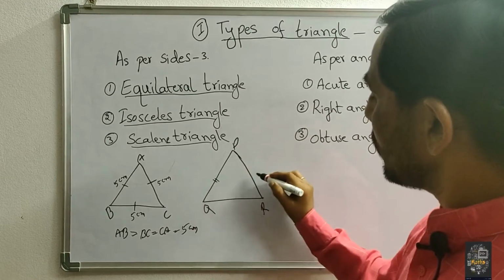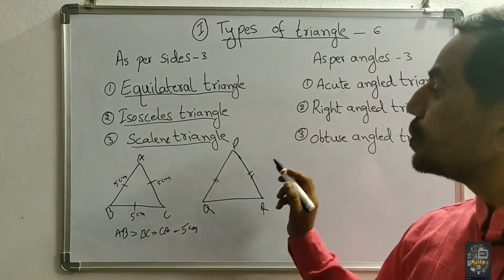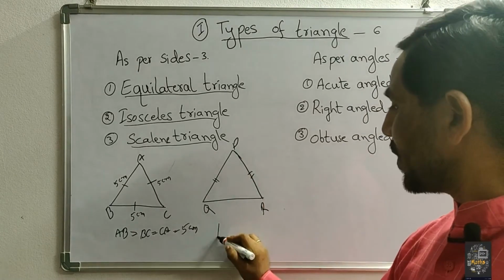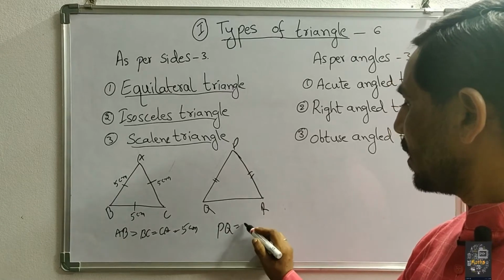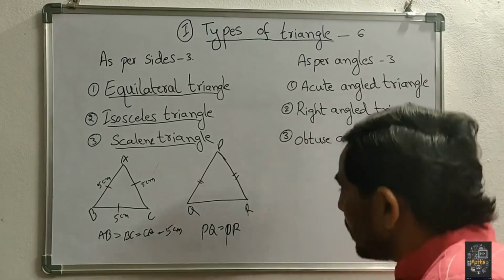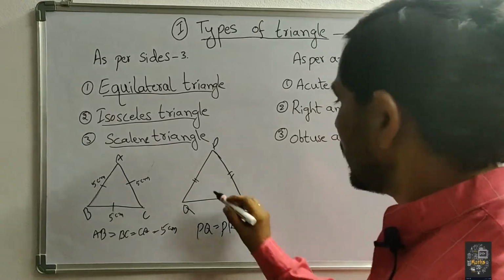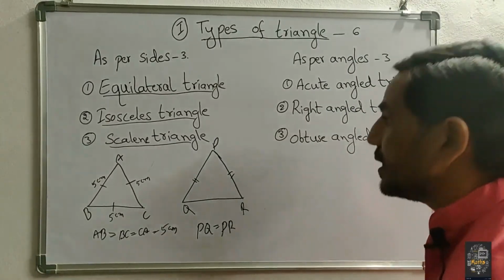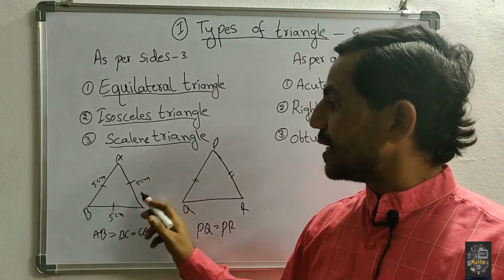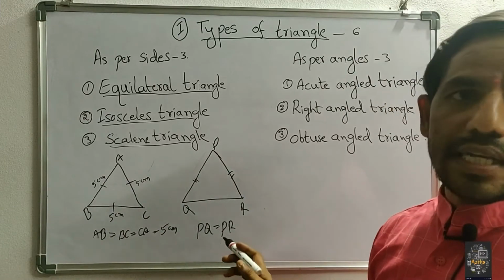PQ side is equal to PR side. In this diagram, these two sides are equal, that is PQ is equal to PR. Here two sides are equal, that is an isosceles triangle. First, an equilateral triangle means all sides are equal. An isosceles triangle means any two sides are equal.